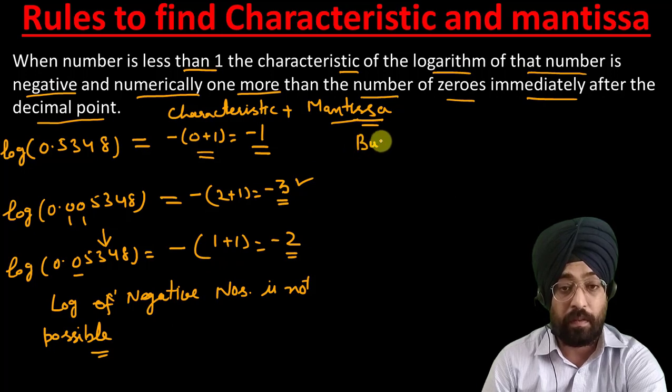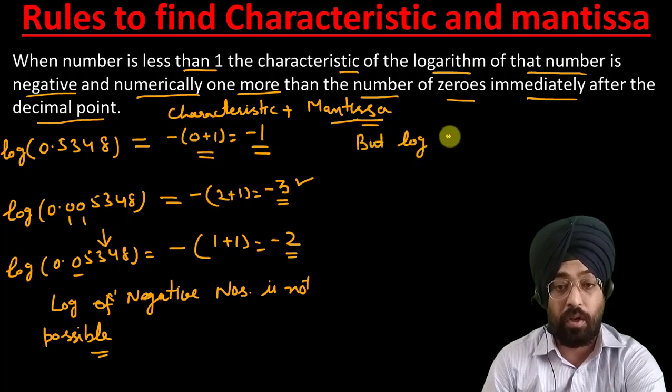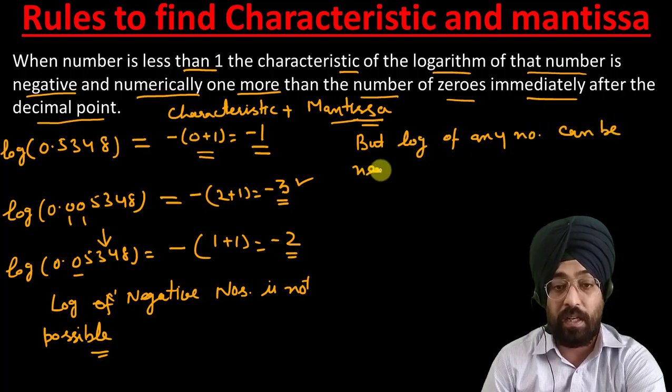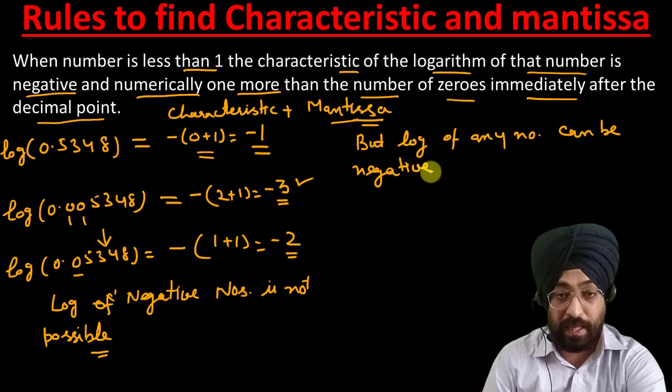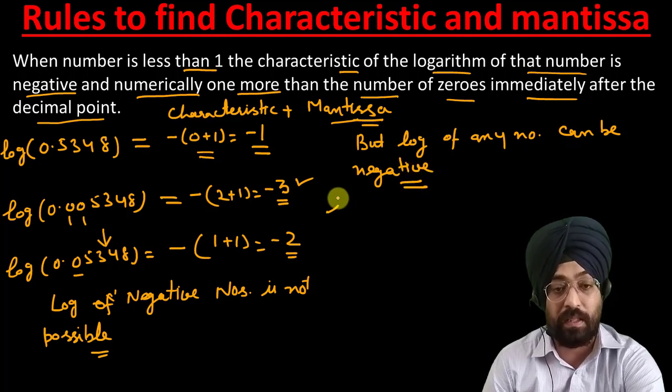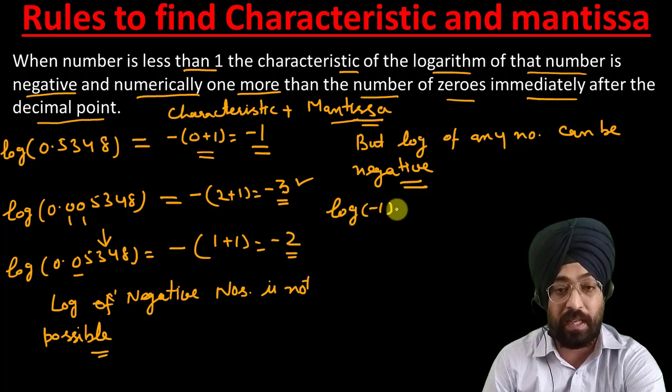But the log of any number can be negative. The result of a log of any number can come out to be negative, but log of a negative number is not possible. Let us say log of -1: not possible, it does not exist.